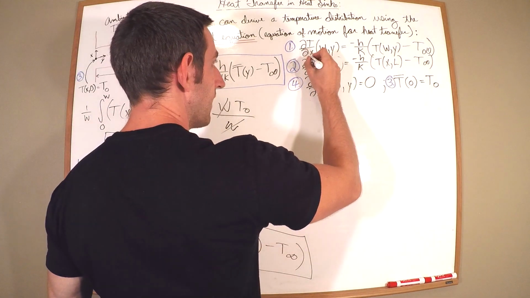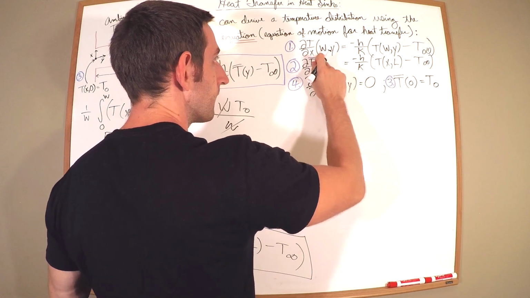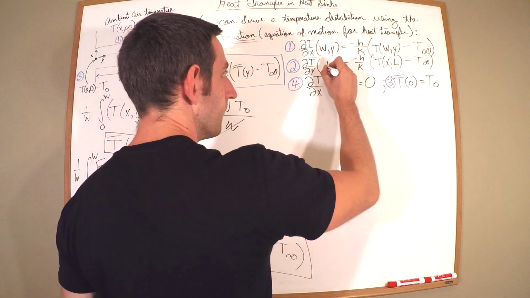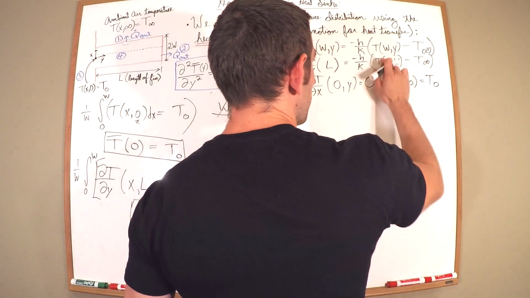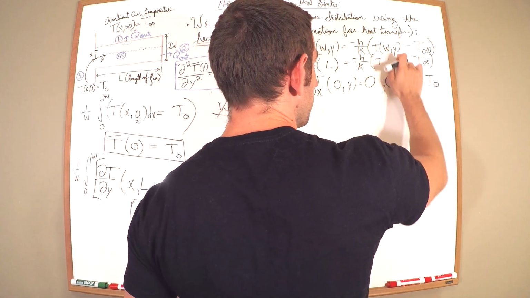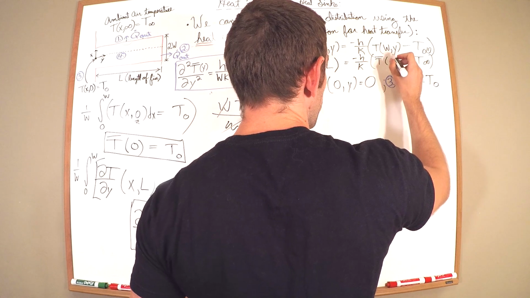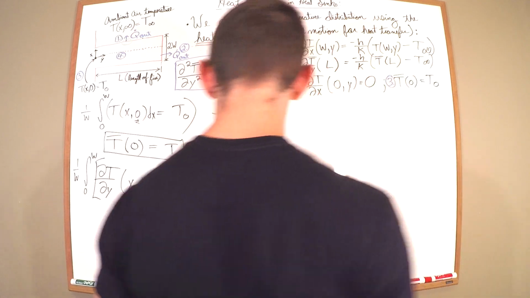It's literally the average temperature at y equal to L is equal to, we just change the variables here, the average temperature at L minus T infinity.